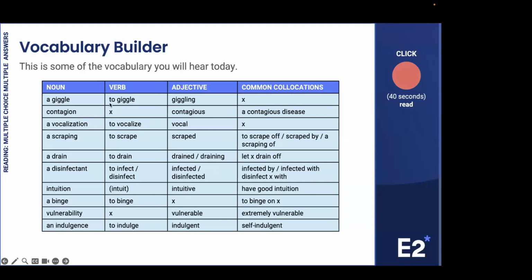Okay. Giggle, a giggle, to giggle, giggling, disinfectant, infected, disinfect. Keep reading, guys, because there's a bit more time. There's quite a lot involved in this list. Noun, thing, verb, action, description, adjective, and a common collocation.